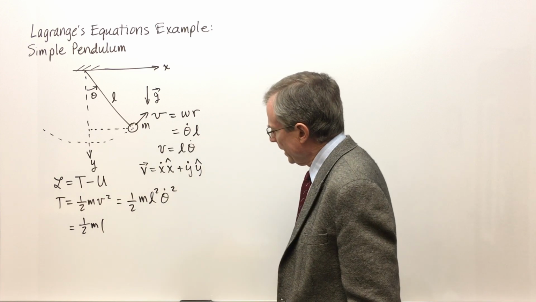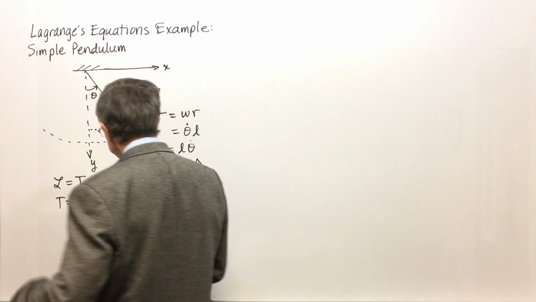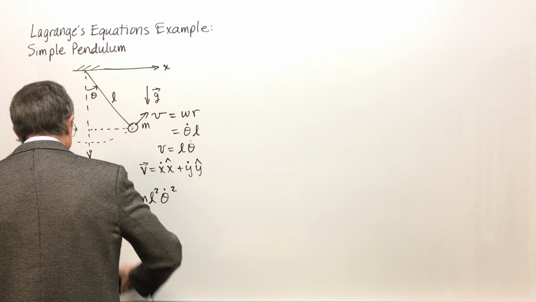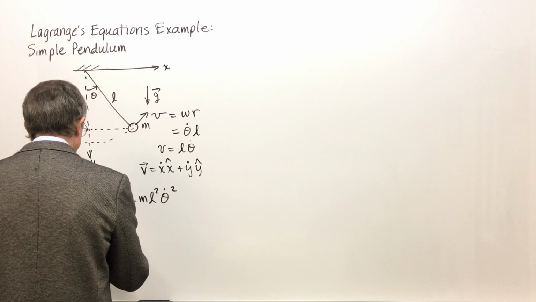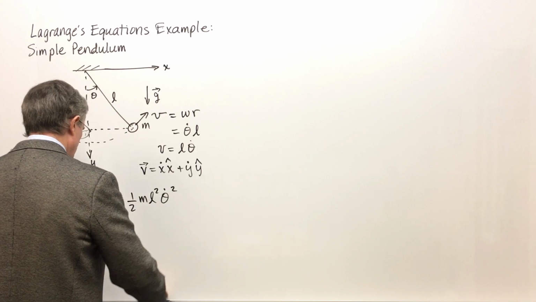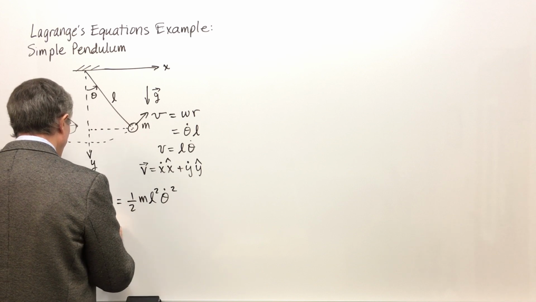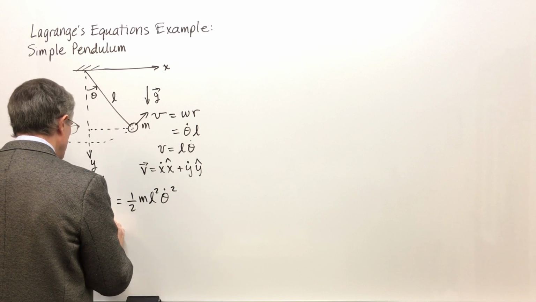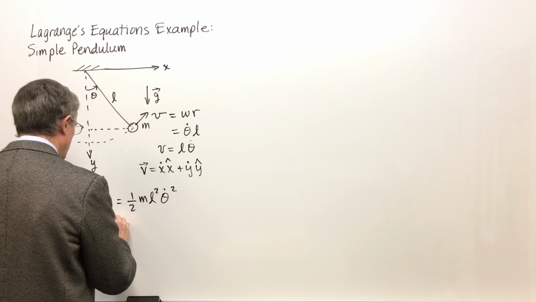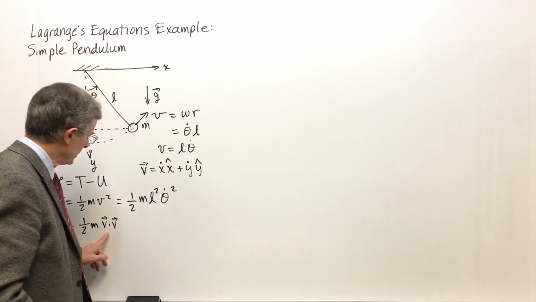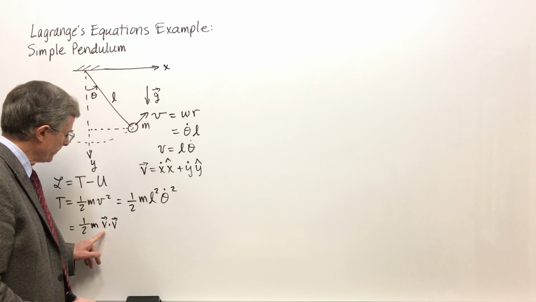And V squared is just V dot V. So this is crucial here.